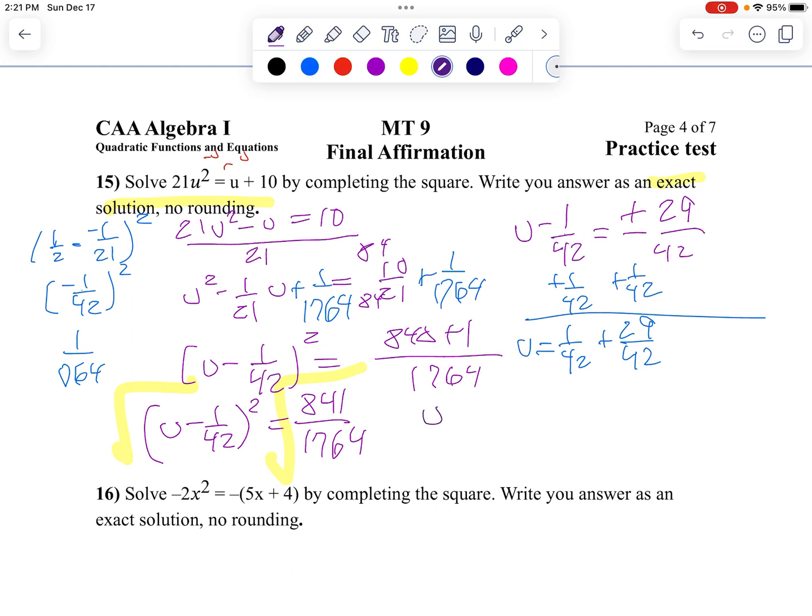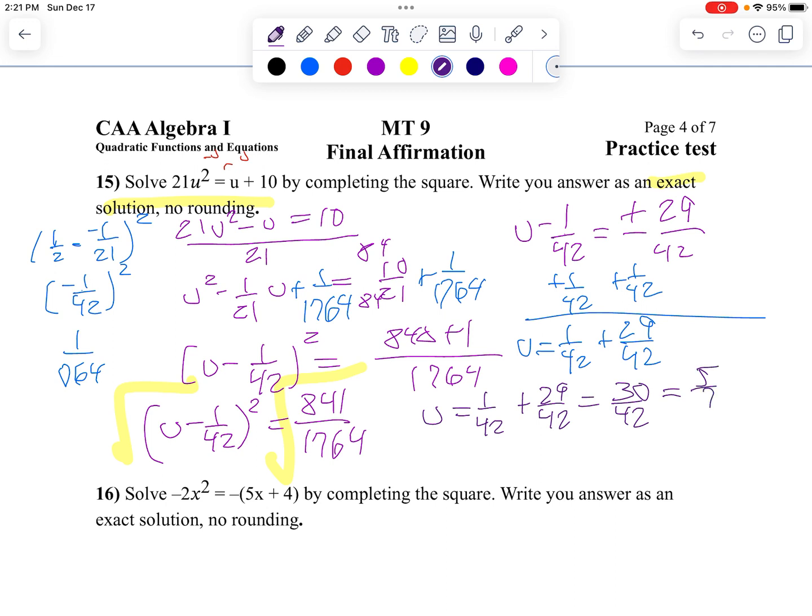I think I'll do these separately so you can see how this works out. So I'm going to say u equals 1 over 42 plus 29 over 42. Well, 1 plus 29 is 30 over 42. And notice 6 goes into both of these, so we get 5 over 7.